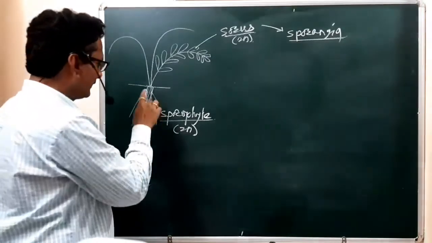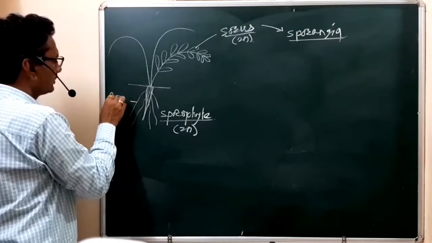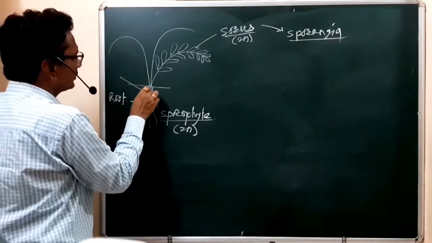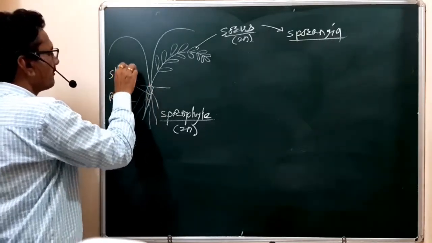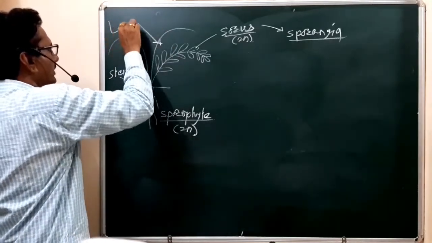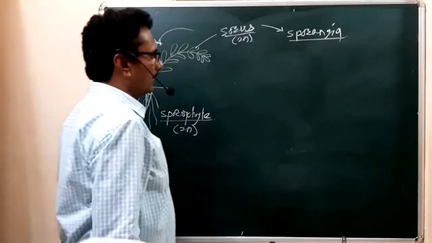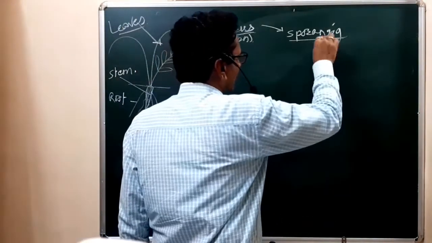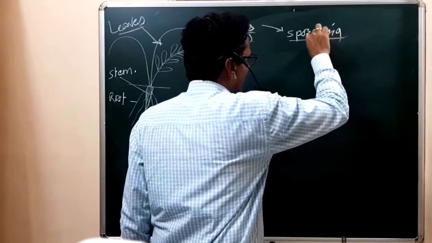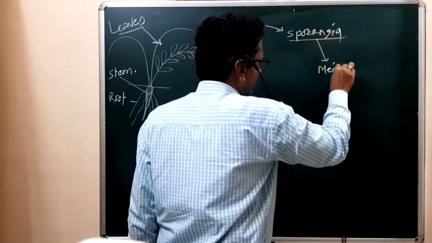This is the sporophytic phase, differentiated into the root, the underground stem, and the pinnately compound leaves. Then inside the sporangia, they produce the spores through meiosis.